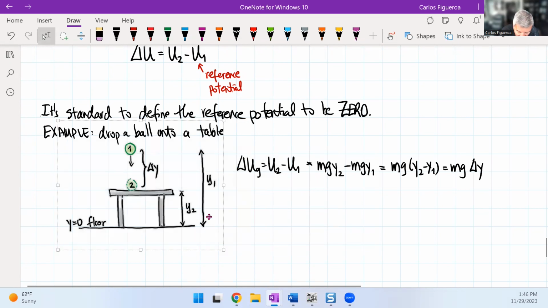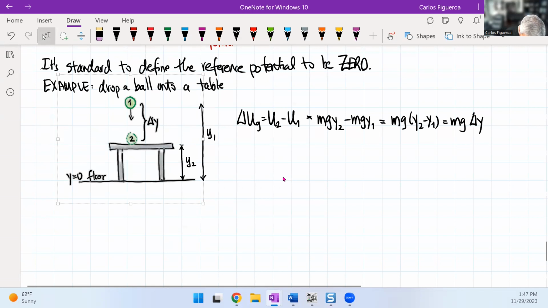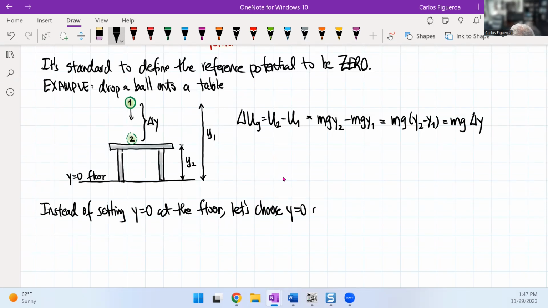But let's say that I actually change my picture. So what I'm going to do here is, instead of setting y equal to 0 at the floor, let's choose y equal to 0 at the tabletop.